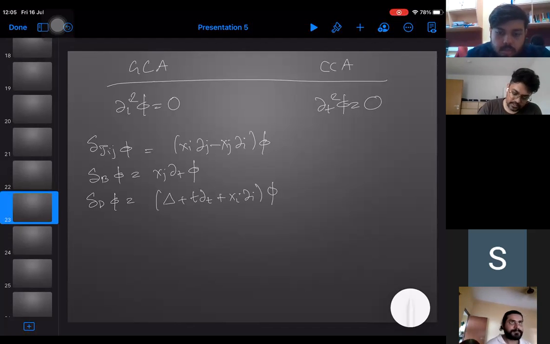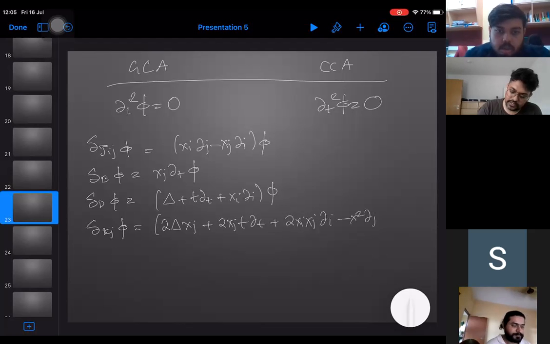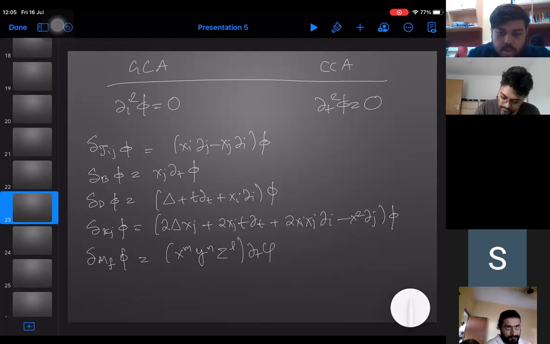Finally, your KJI, this is a little bit big, but is given by 2xi xj del I minus x squared del j phi, and the infinite part, your MF, acting on this gives you some M by N Z L del T phi. So this is the action.